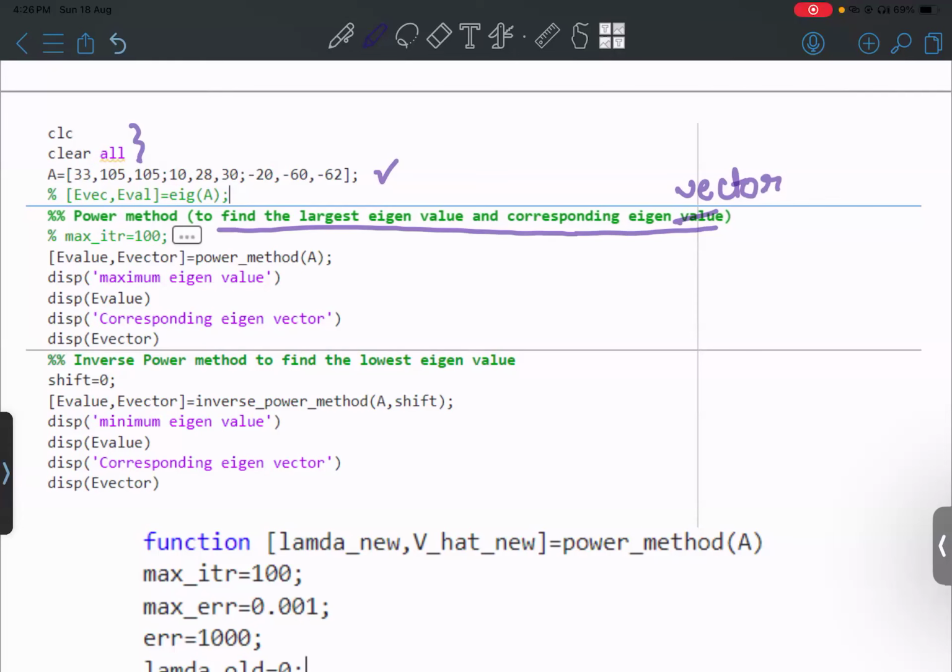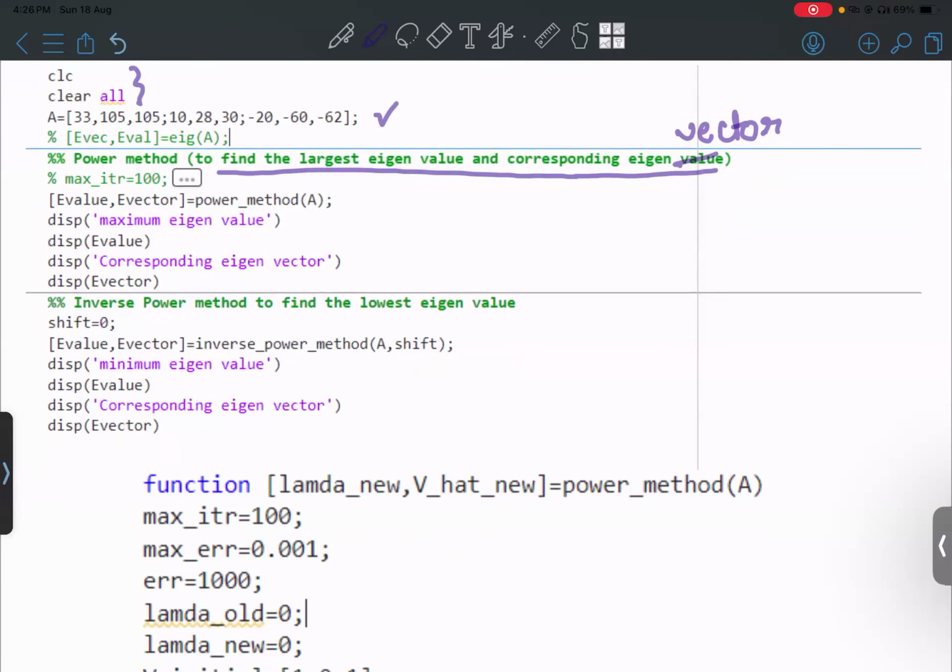I have called the function power method, which I have made. This will return the eigenvalue and eigenvector. Then I will display the maximum eigenvalue as E value, and the corresponding eigenvector as E vector, found from the function power method of A.